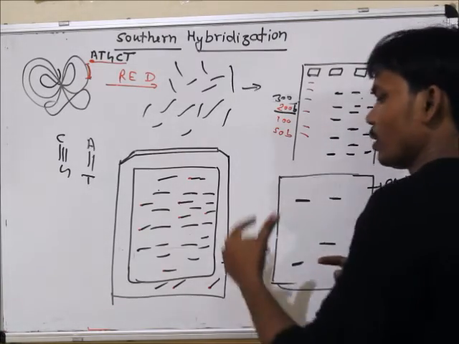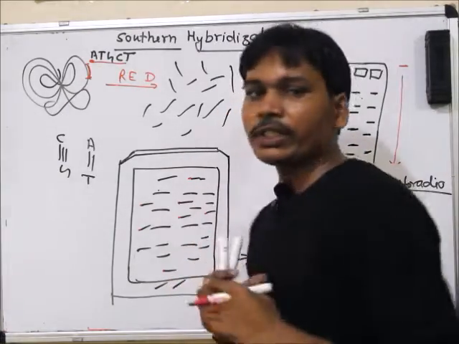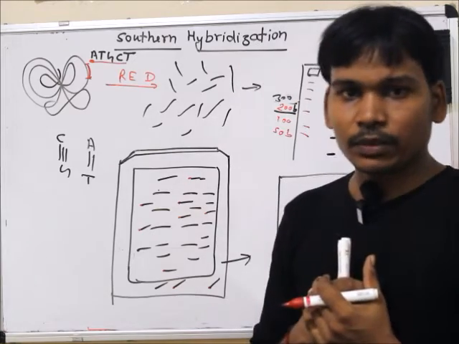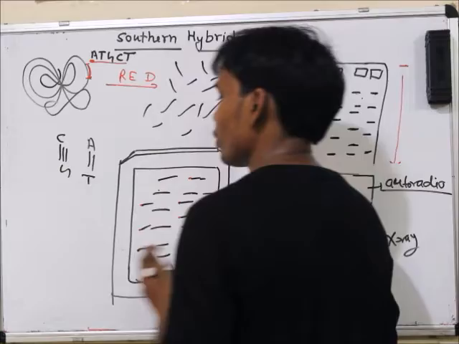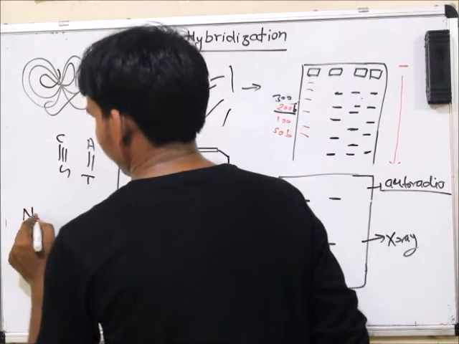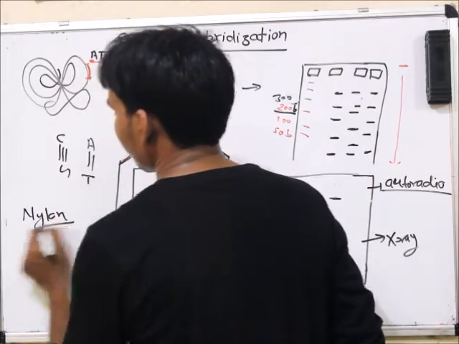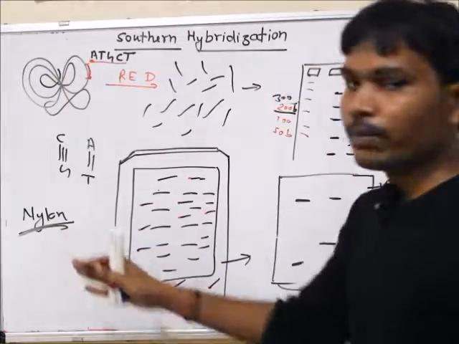And I have described the nitrocellulose paper that binds to specific DNA sequences, but today nylon membranes are used. What is the benefit of nylon membranes?